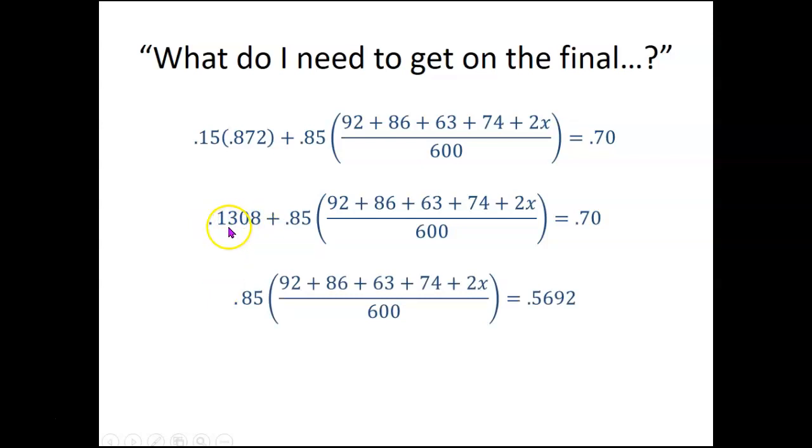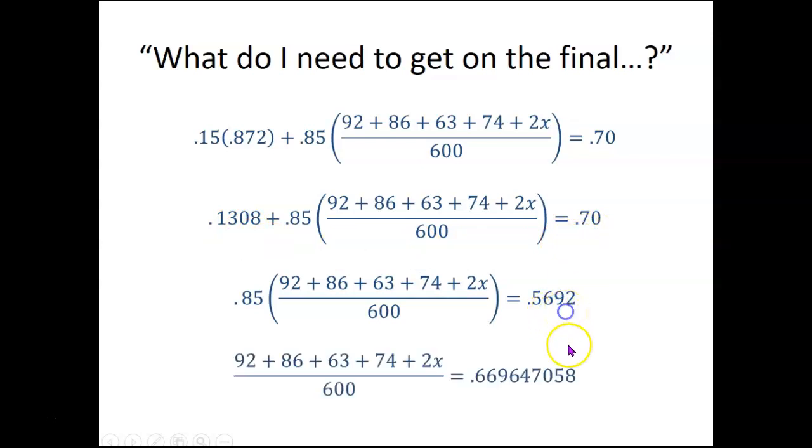And then I could subtract that 0.1308 from both sides of the equation. So then over here I have 0.5692. And then I could get rid of the 0.85 out here by dividing both sides by 0.85. So then over here, 0.5692 divided by 0.85 gives me 0.66964708.